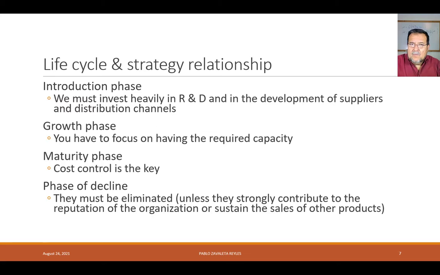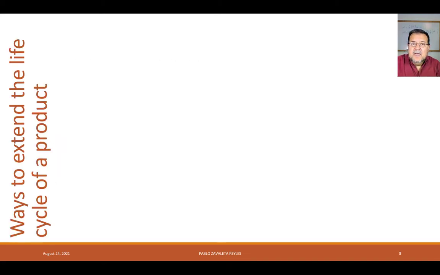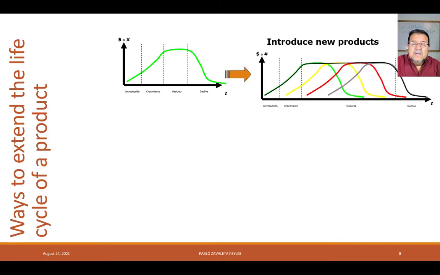Now, if we have all these relationships in mind, how can we extend the life cycle of a product? Well, one way is to introduce new products that replace it, and we introduce them in the correct moment, and we thereby create a larger maturity phase for our product.